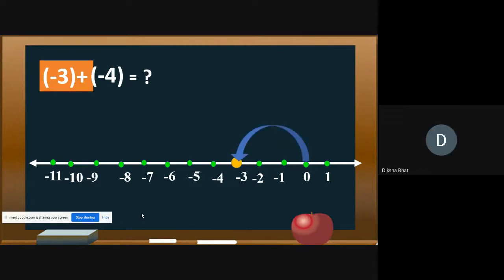Yes, left side. Which is the second integer? Negative 4. So how many steps you will move? 4 steps to left. Yes, very good. One, two, three, 4. Where you all reached? Negative 7. So what is the sum of negative 3 plus negative 4? Negative 7. Very good. Negative 7.